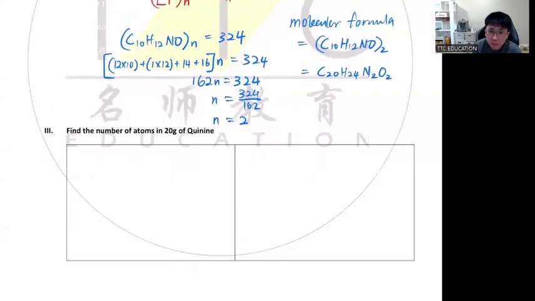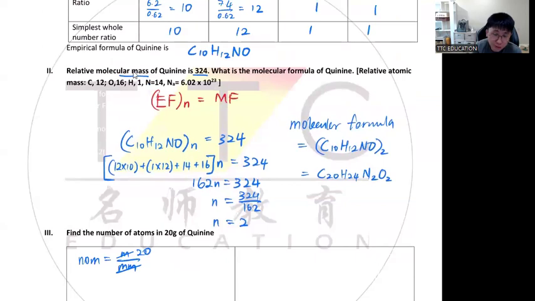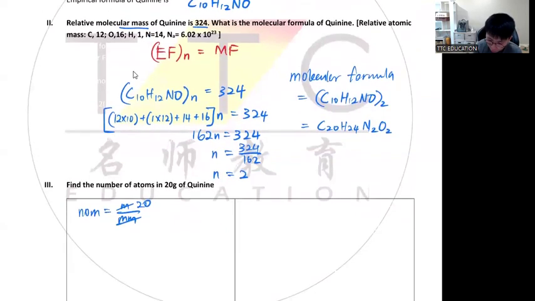So we can say number of mole equals to mass over molar mass. So mass is 20. Then guys, what's molar mass? Do you have molar mass? They literally give you relative molecular mass. That's your molar mass. So it's 324. Okay, so 20 divided by 324.